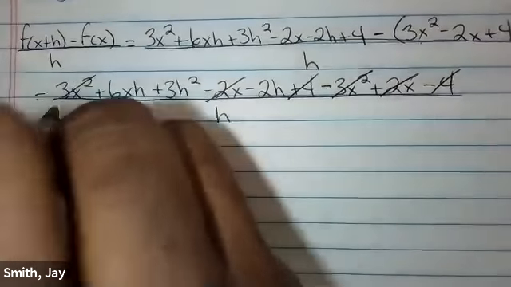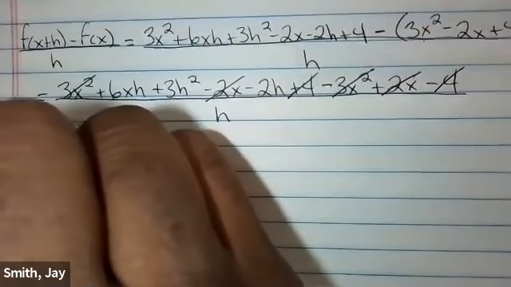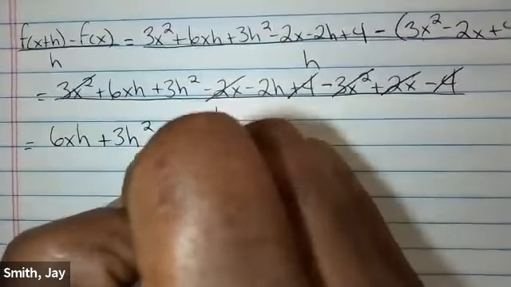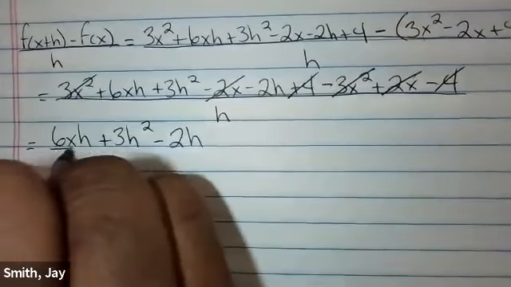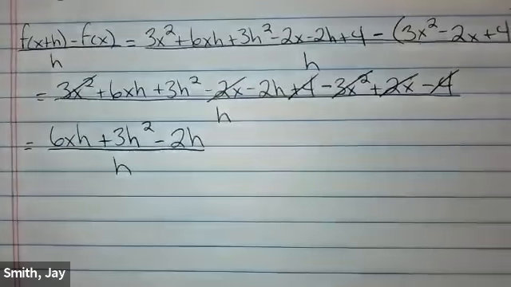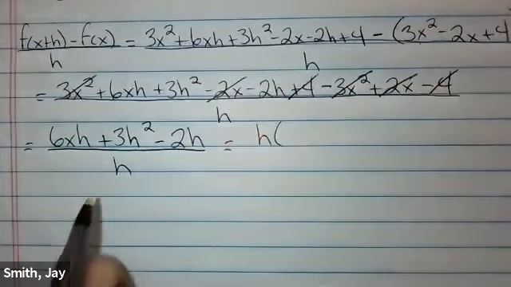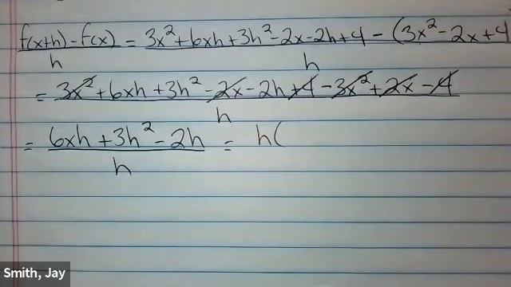Now, what we're left with in our numerator is 6xh plus 3h squared minus 2h, and all of this is still being divided by h. If you're doing this correctly, everything in f of x should cancel out, leaving us with terms in our numerator that have at least one h in common. So we can factor out that h so it cancels with the h in our denominator.